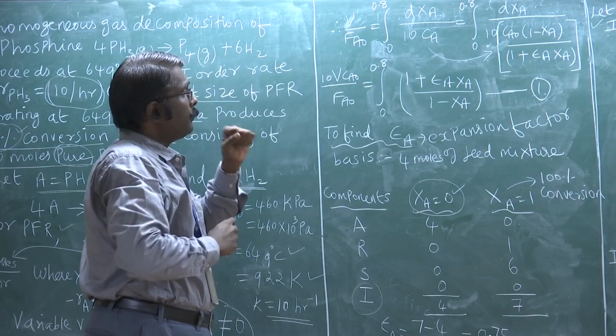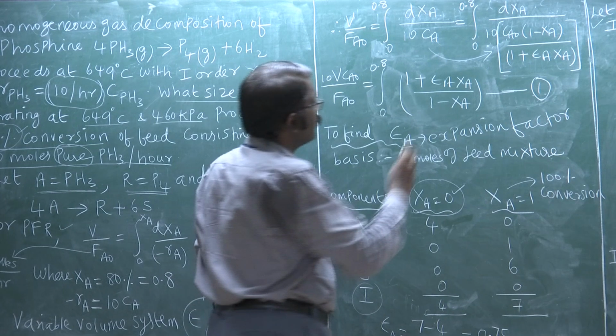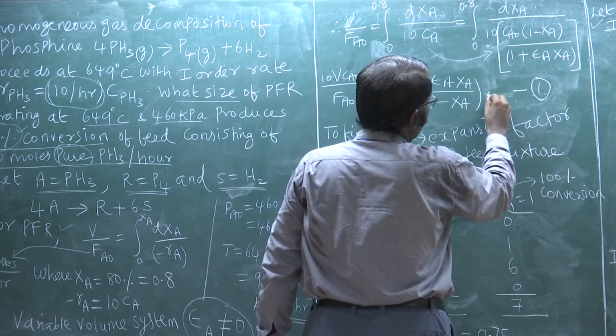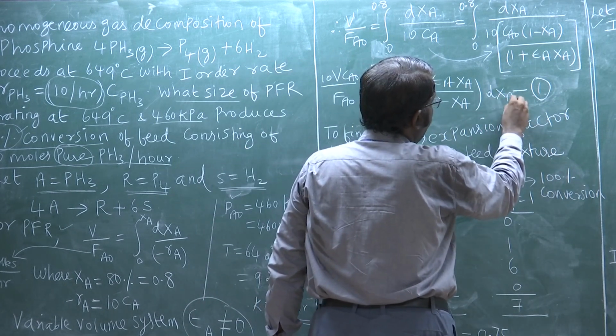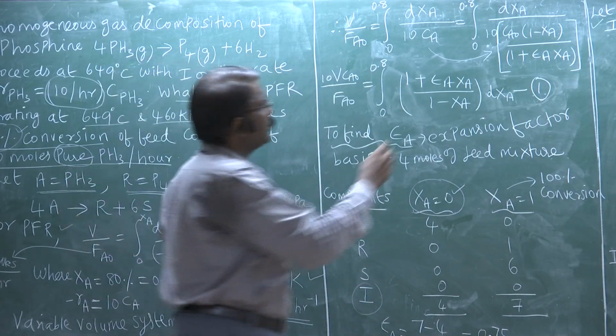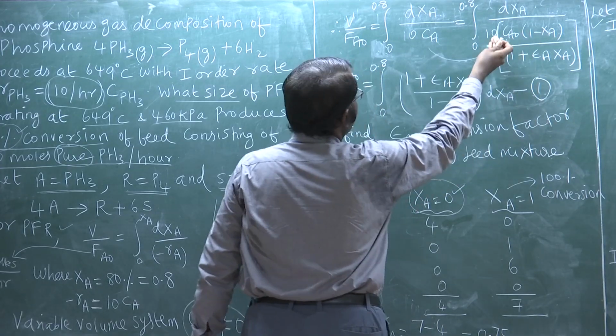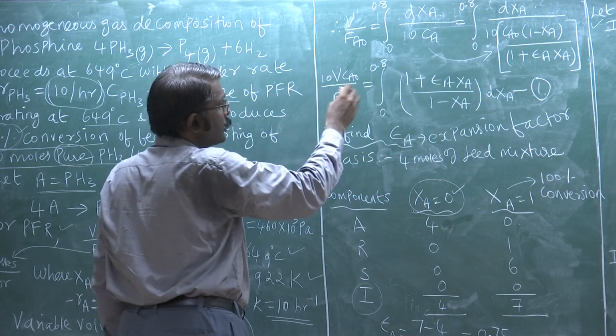Now, actually the variable for integration is Xa. So it is enough if we have the Xa variable on one side, and let us write the other variables on the left hand side. For example, this 10, this Ca naught, all these terms can be taken to the left hand side on cross multiplication.